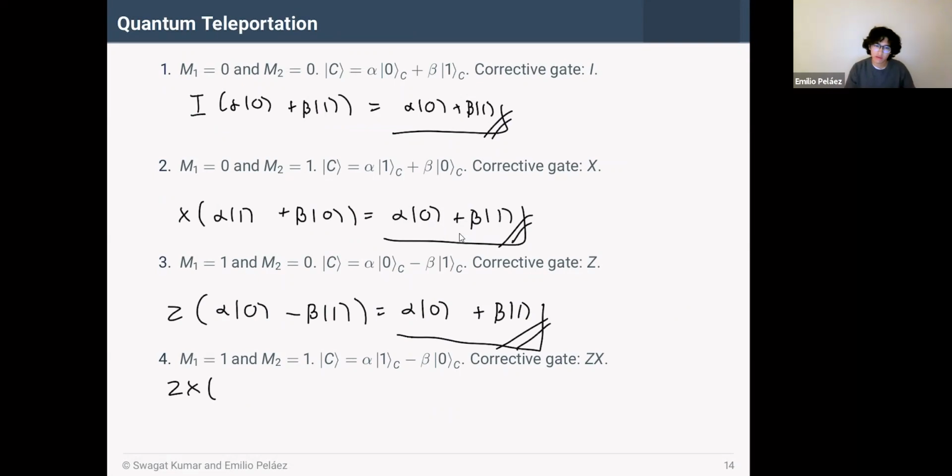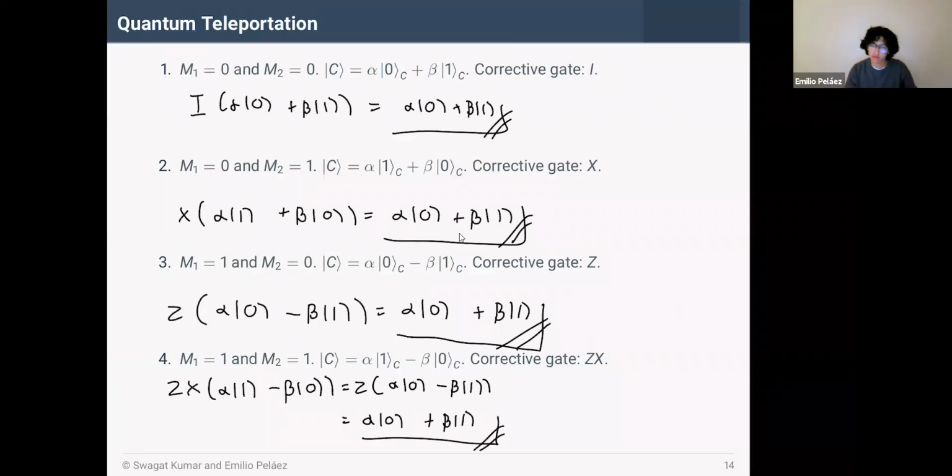So we're going to apply Cx to alpha 1 minus beta 0. First applying the x gate, we flip, so alpha 0 minus beta 1. And then applying a negative phase to ket 1, we get alpha 0 plus beta 1. As you can see, that's the state we wanted to teleport.